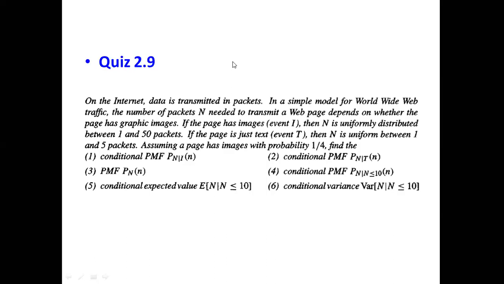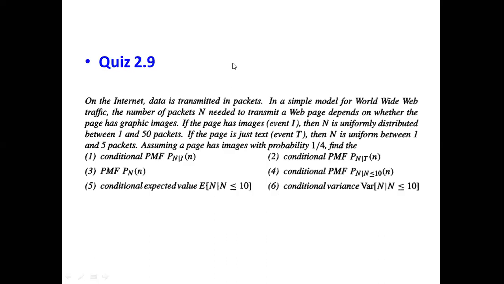If the page has images, then n is uniformly distributed between 1 and 50 packets. If the page is just text, then n is uniform between 1 and 5 packets. Assuming a page has images with probability 1 by 4, find this.